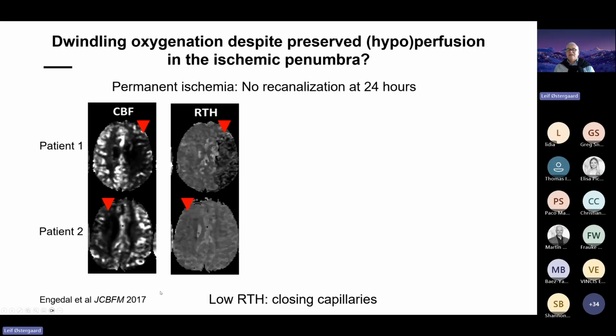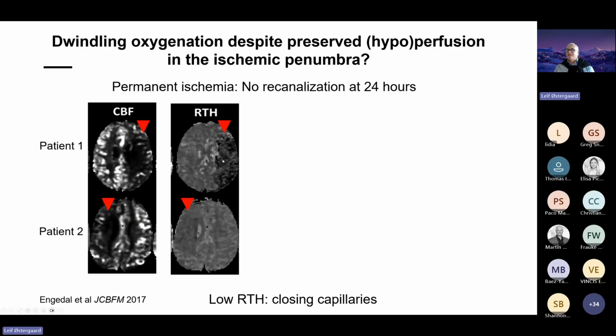And in the paper, as referred to here, you can see how we made some simulations. And what this low RTH seems to mean is that there are closed capillaries, meaning that that phenomenon that you saw in the beginning of how capillaries become closed during ischemia, that is probably what is happening in patient number 1.